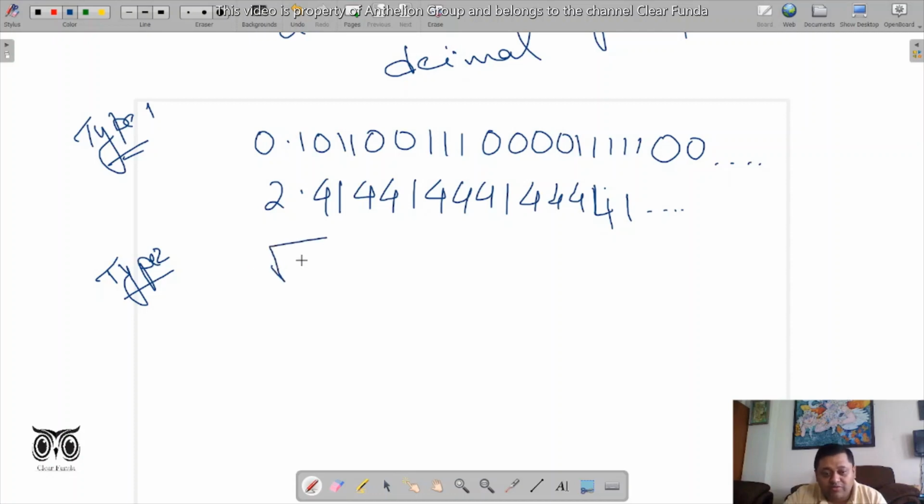which is a square root of any natural number which is not a perfect square.